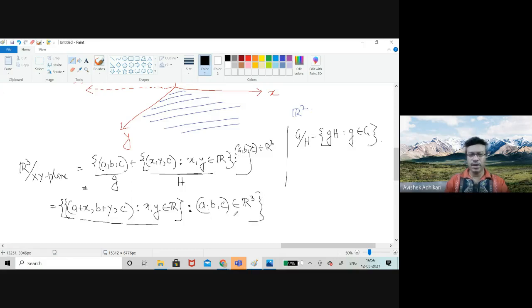So you need to vary all over R3. Now, geometrically, can you think of how this looks?